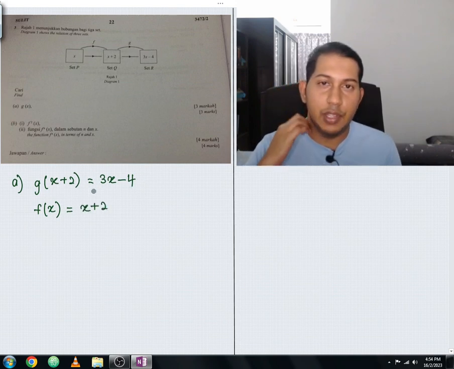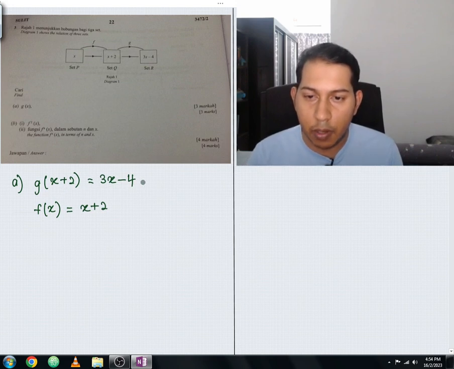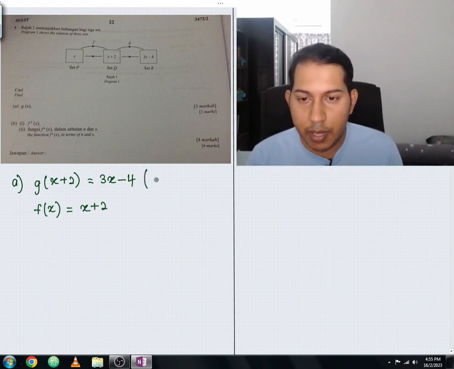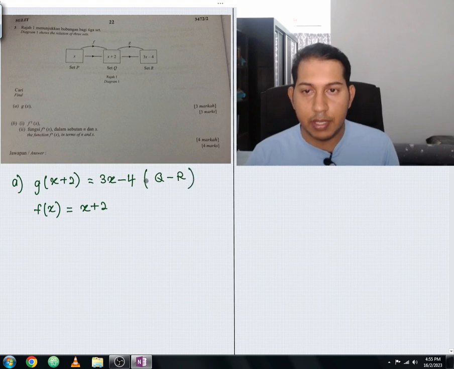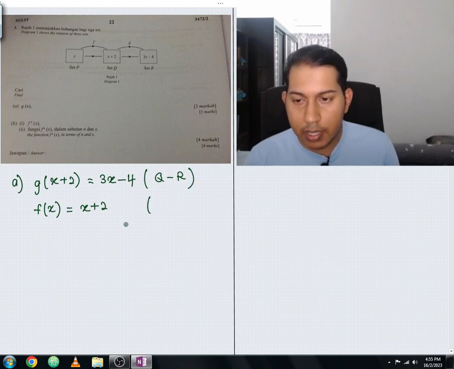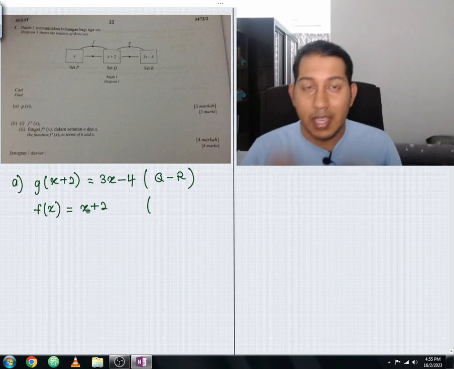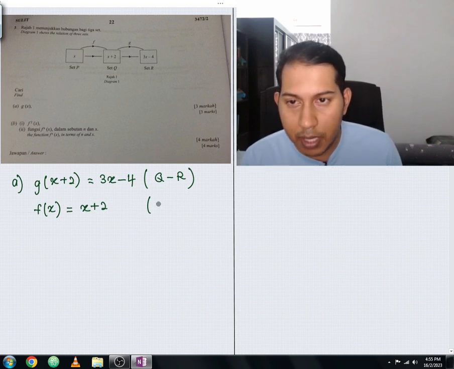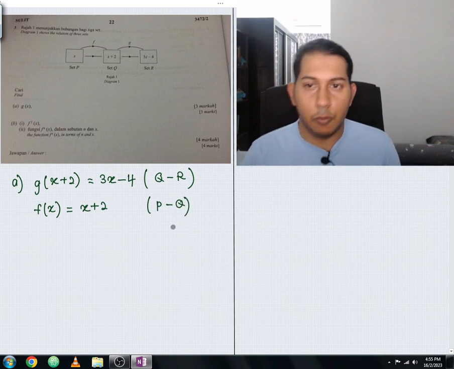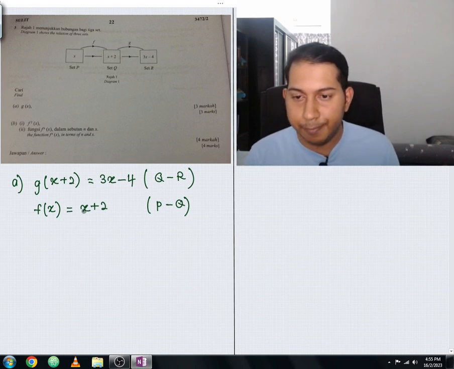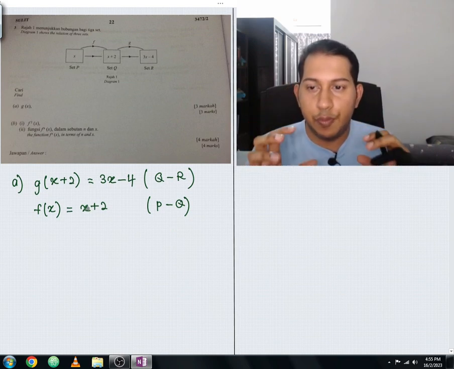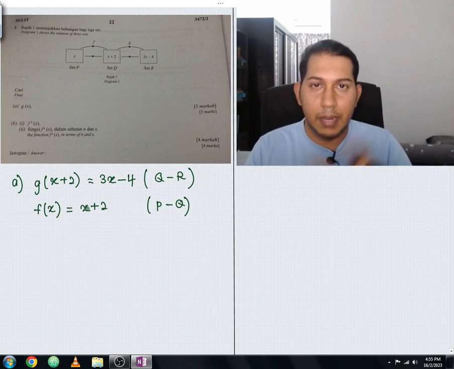Let me highlight: g(x + 2) = 3x - 4. This is based on the relation between set Q to set R. And f(x) = x + 2 is obtained through the relation between set P and set Q. From here we need to find g(x), but we have a slight problem.